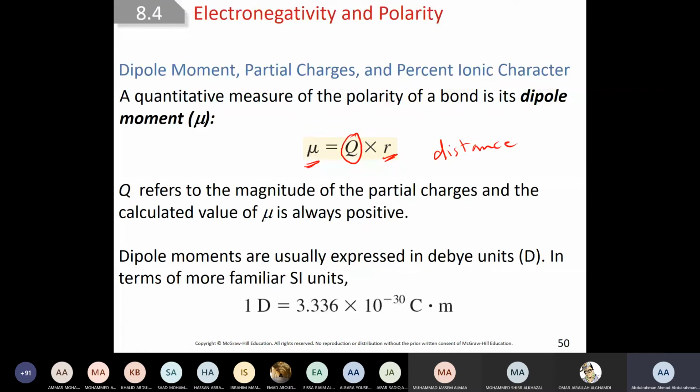For example, let's assume for HF, and I told you maybe this is minus 0.4 and this is plus 0.4. The Q is this charge.